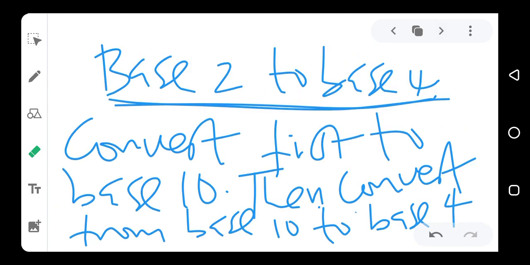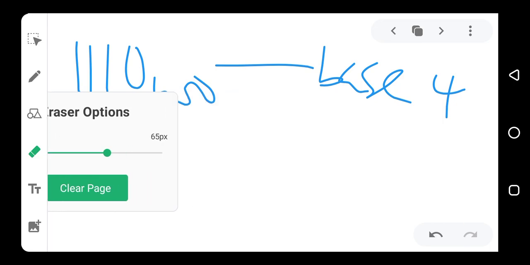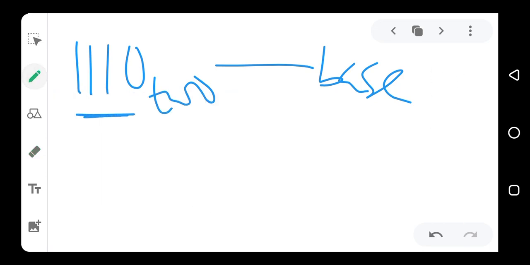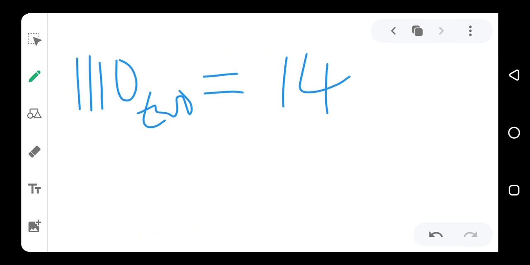So we convert the 14 from base 10 to base 4.